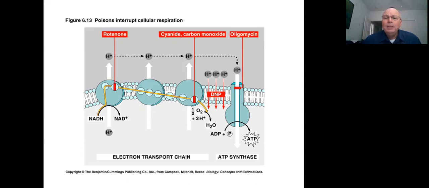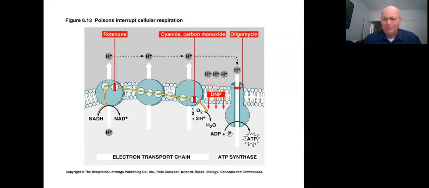Then an antibiotic called oligomycin interferes with bacterial ATP synthase. And the good news here is the bacterial ATP synthase is different from our own. And so in terms of interfering with ATP synthesis in cellular respiration in eukaryotes, it doesn't have an effect, but it does target the aerobic bacteria.